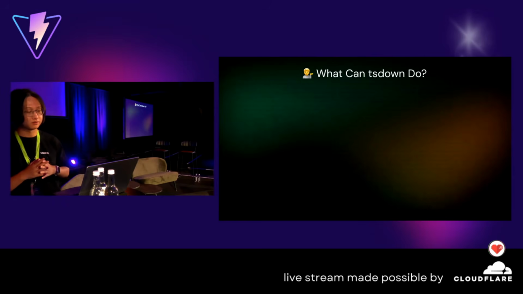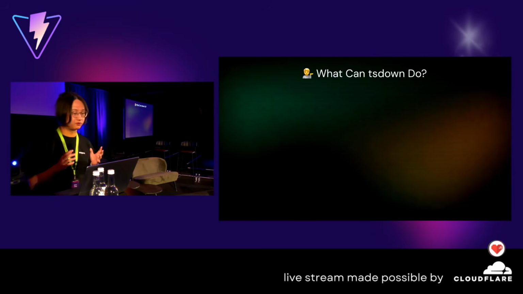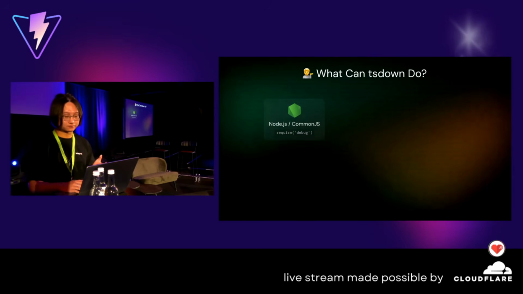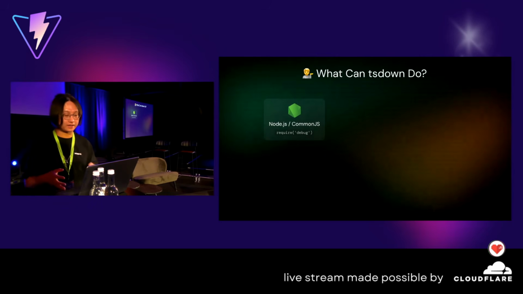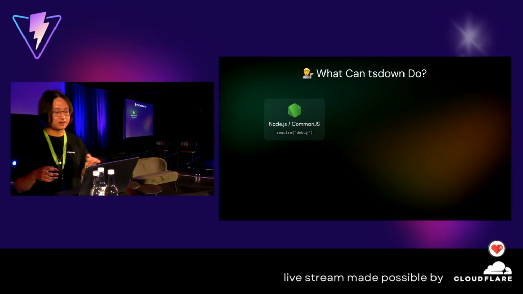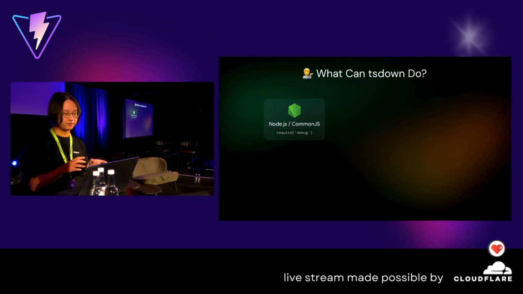Okay, so what exactly can tsdown do? It supports CommonJS modules, like it can handle code like require debug and output CJS format, of course, or convert them to ESM for browser use.